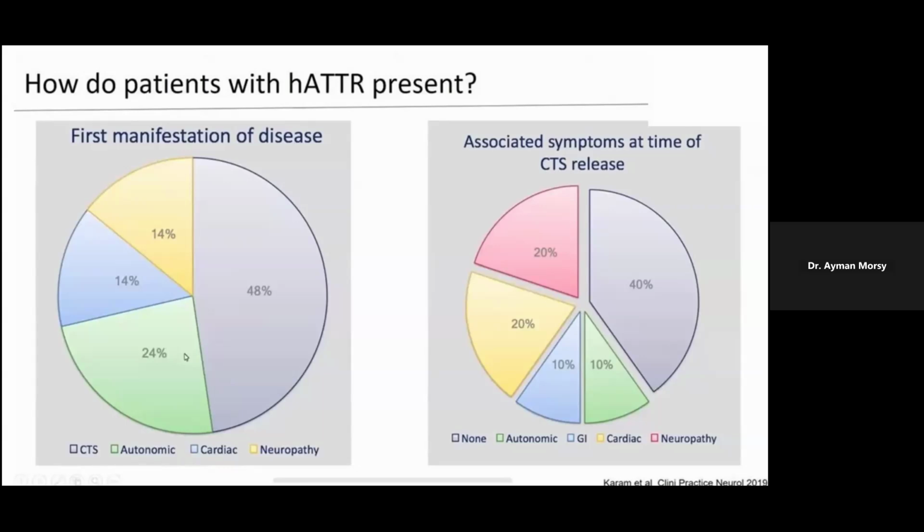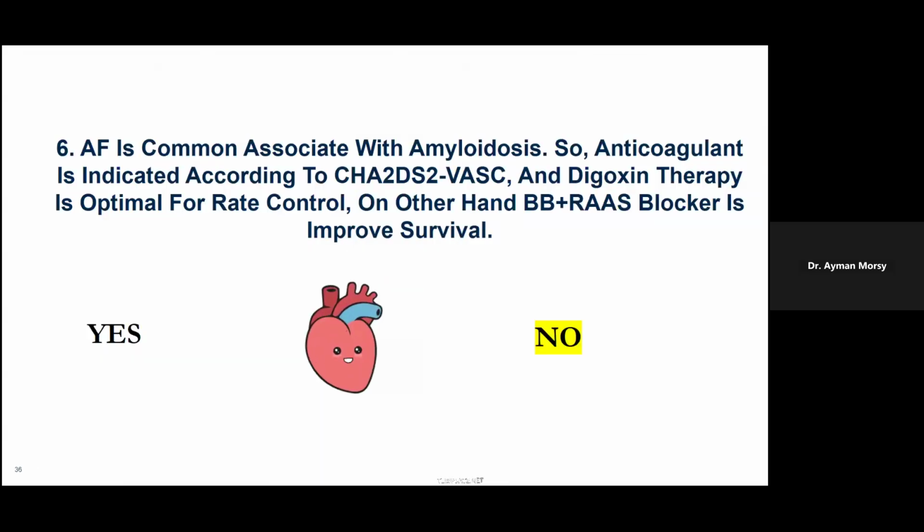On your right side, you can see associated symptoms in patients who had carpal tunnel release: 40% have no symptoms at all except carpal tunnel syndrome, 10% only GI symptoms, and 20% cardiac symptoms. So carpal tunnel syndrome is one of the keys of the patient profile, a very, very early sign.